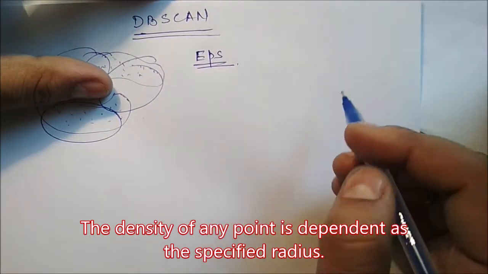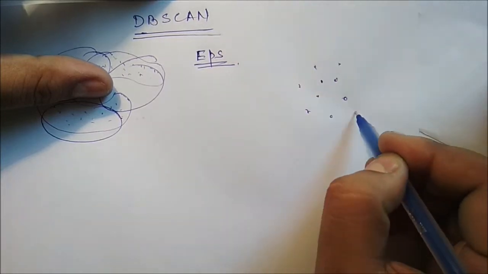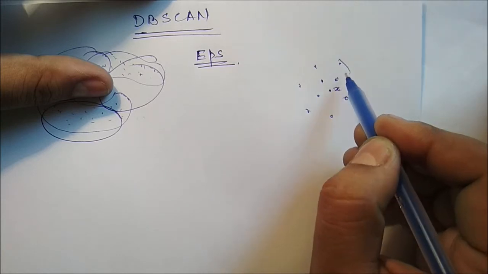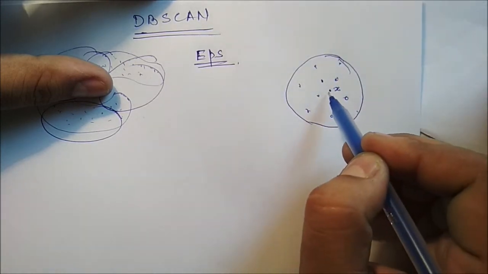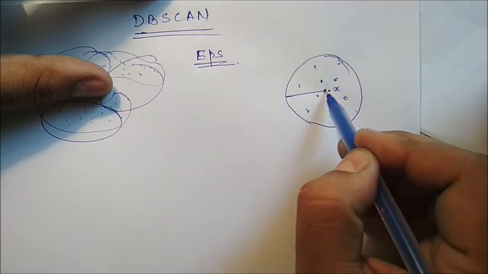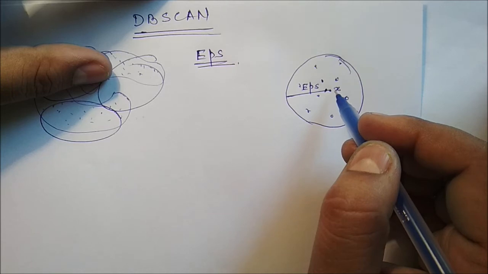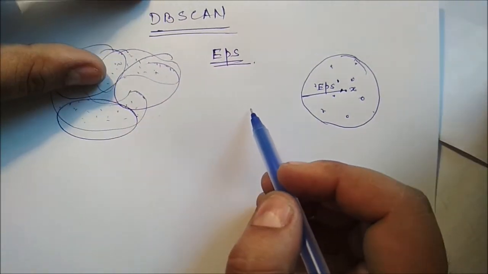Suppose, what is EPS? We have a data point X, and for this particular data point we assign a radius whose length is EPS, and count within that radius how many data points there are. You can take one simple example.